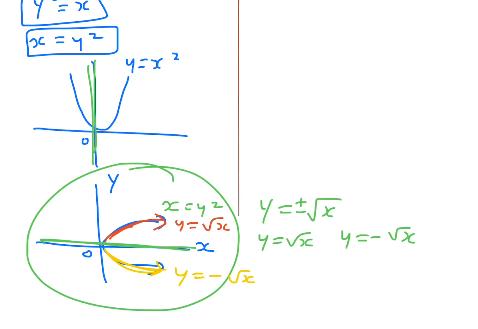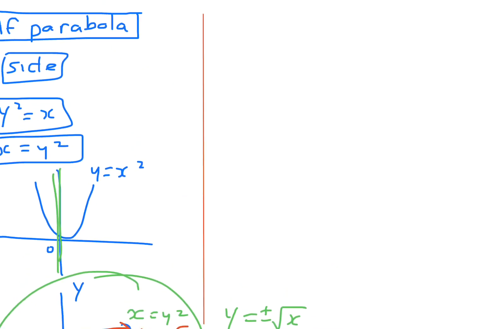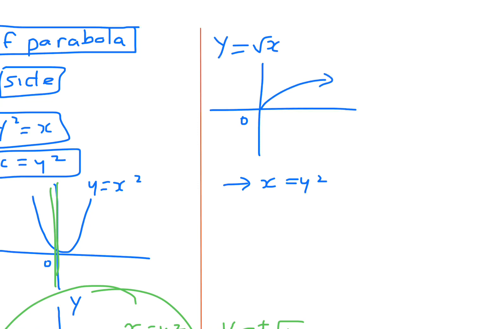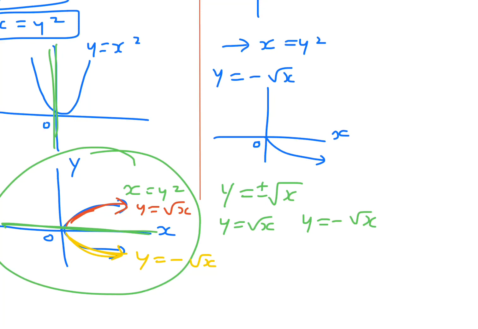Okay, so if you want to sketch just y equals root x, it comes from the x equals y squared parabola, but it's just the positive half of that branch. And if you have y equals minus root x, it comes from the negative half of that branch of the parabola. So it goes down like that.